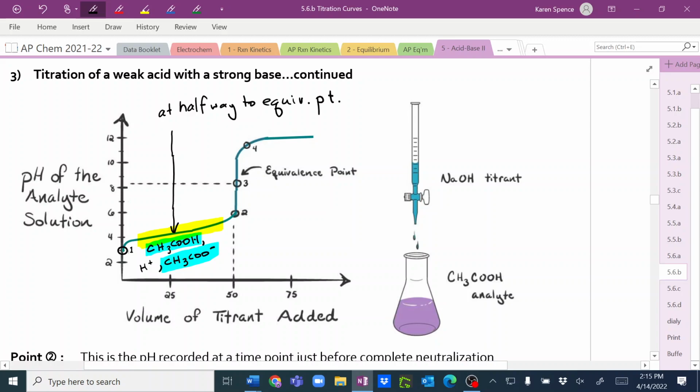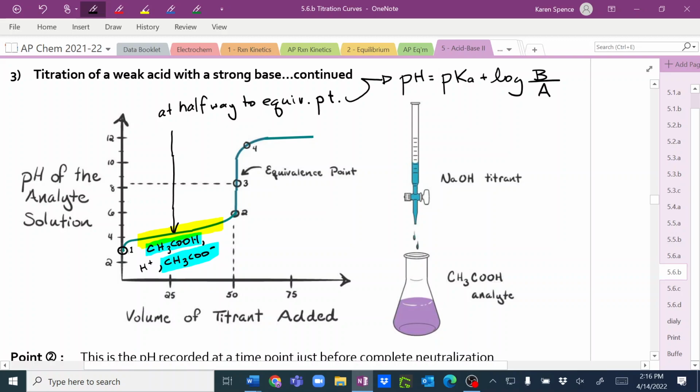At halfway to the equivalence point, the pH is equal to, guess what? The pKa plus the log of base over acid.